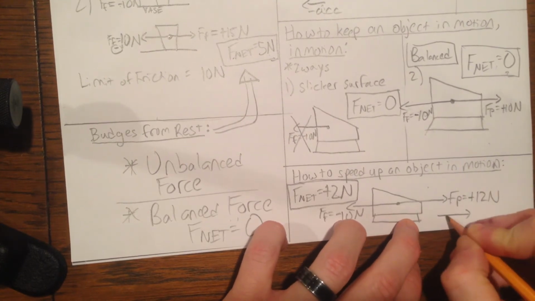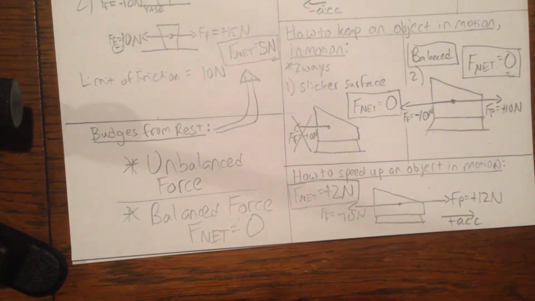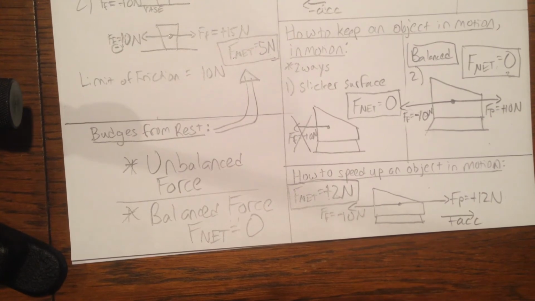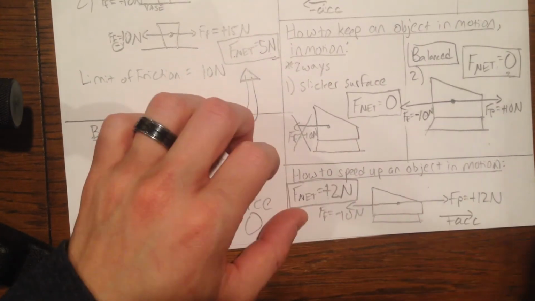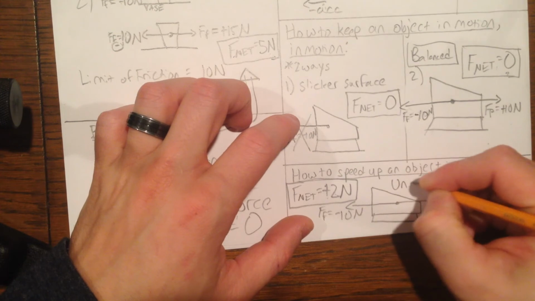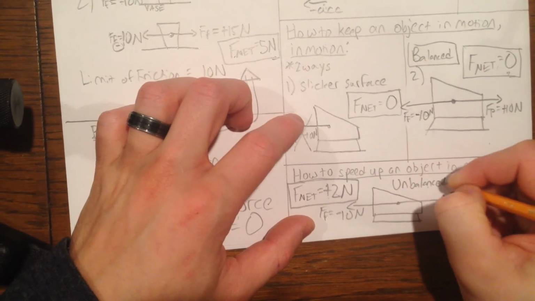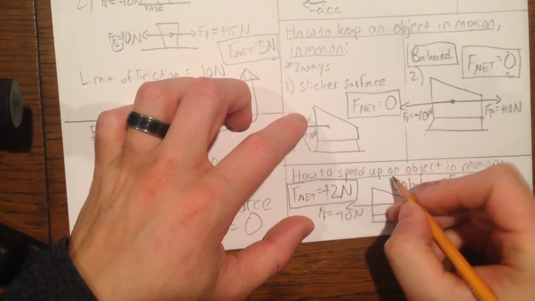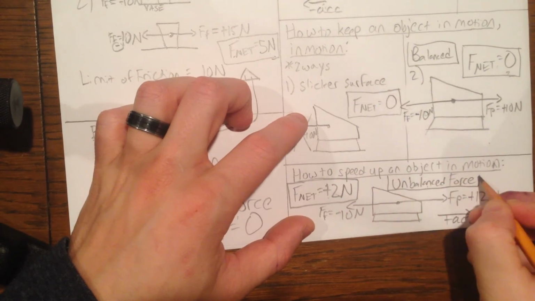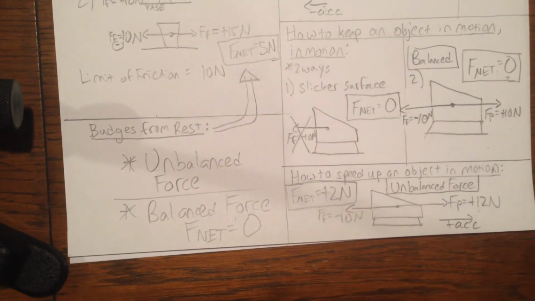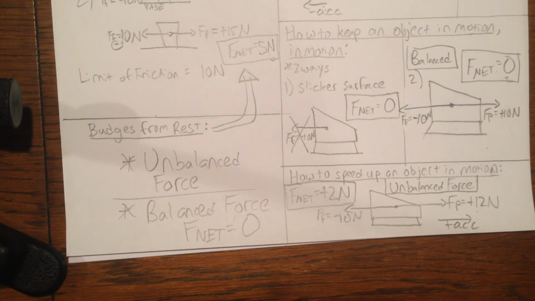So it would experience this positive acceleration when you push harder than friction, and that would be, once again, an unbalanced force, where it doesn't remain what it's doing. The balance falls in the positive direction this time, so it speeds up.